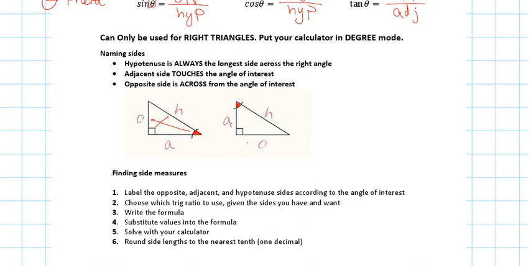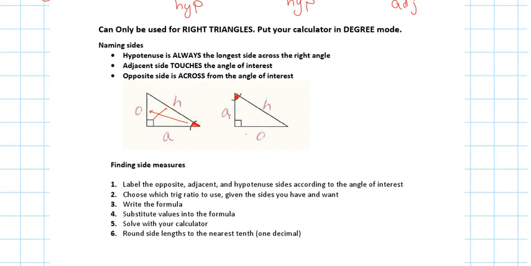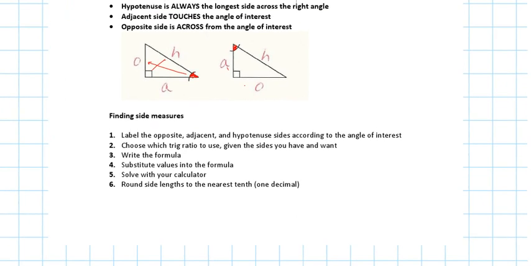So how do you solve a triangle when you're looking for a side? Label the opposite, adjacent, and hypotenuse sides according to the angle of interest. Choose which trig ratio to use given the sides you have and want. Write your formula. Substitute the values into the formula. Solve with your calculator.